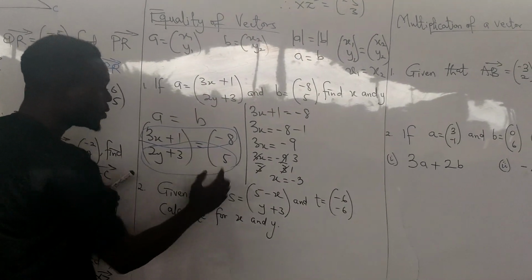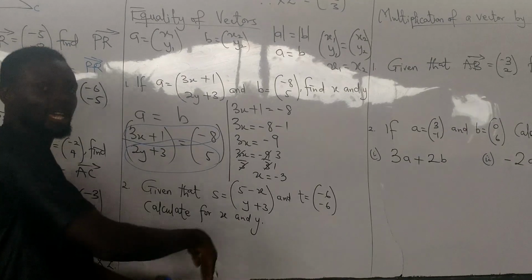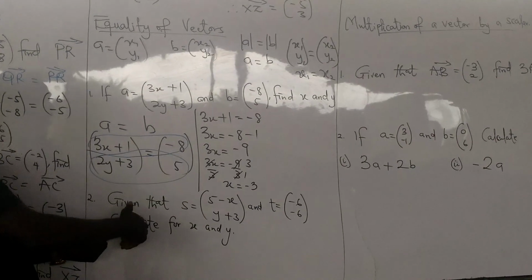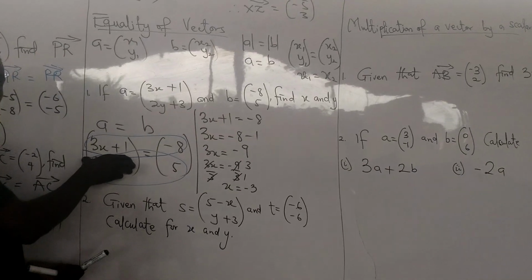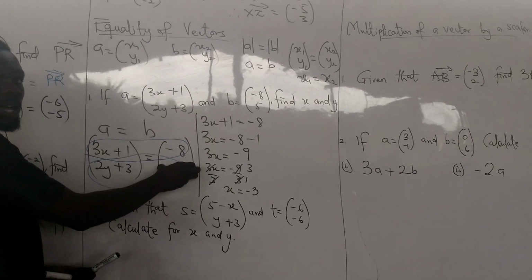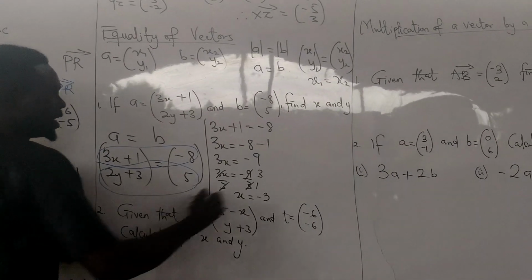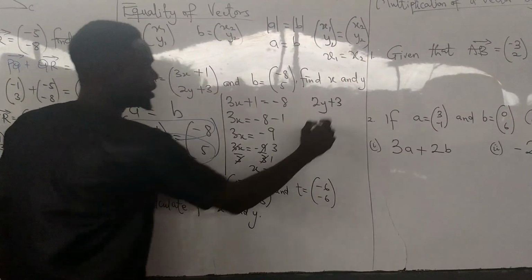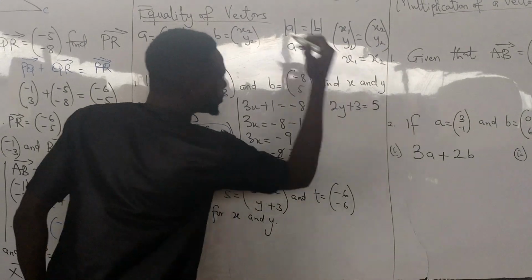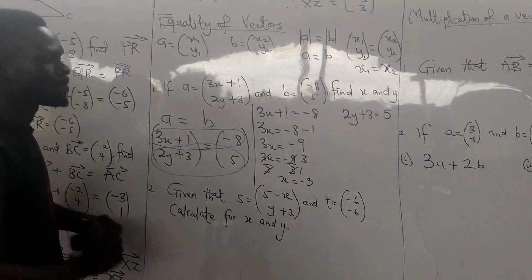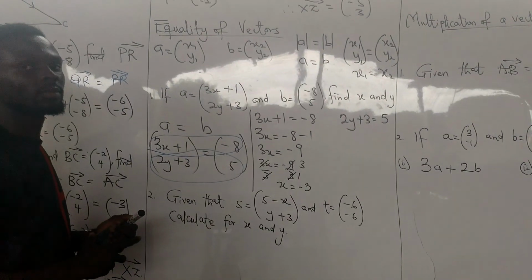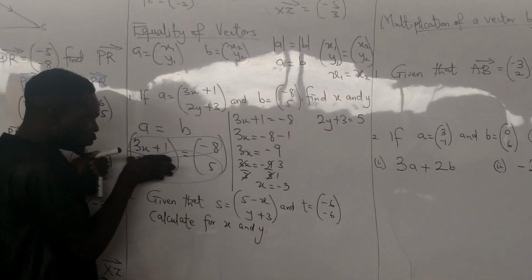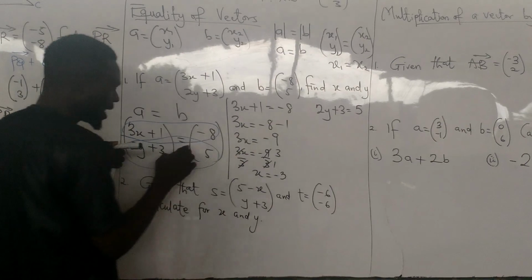Then you do the same, because you have to find x and you find y. So now that we have x, we solve for y. This y component is equivalent to this y component. So we are going to say 2y plus 3 equals 5. So we also equated y and y. Then the equal sign is still there.